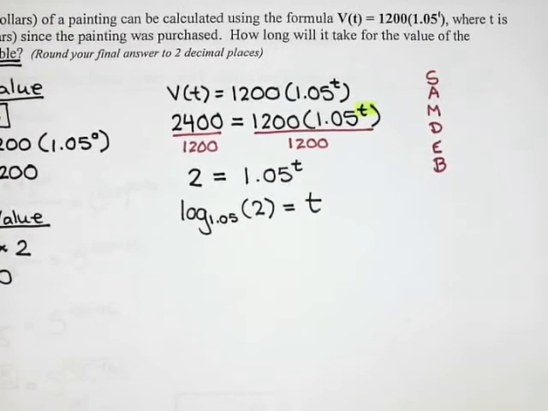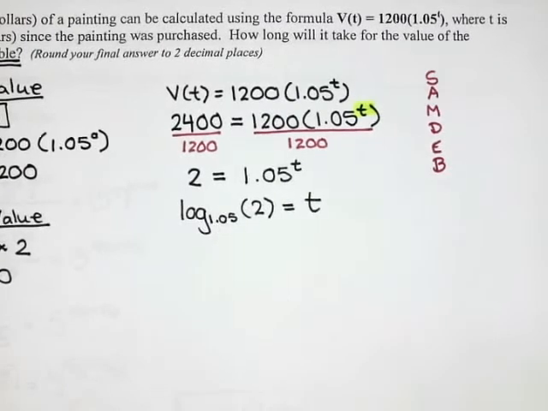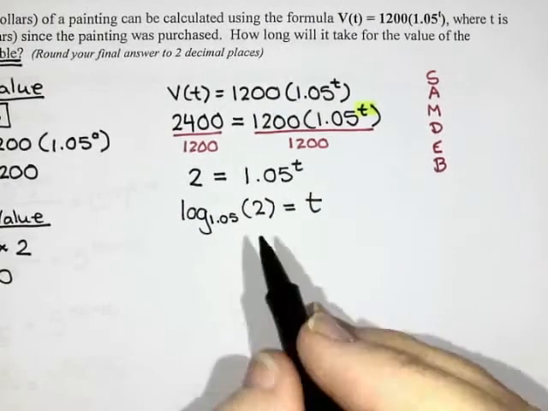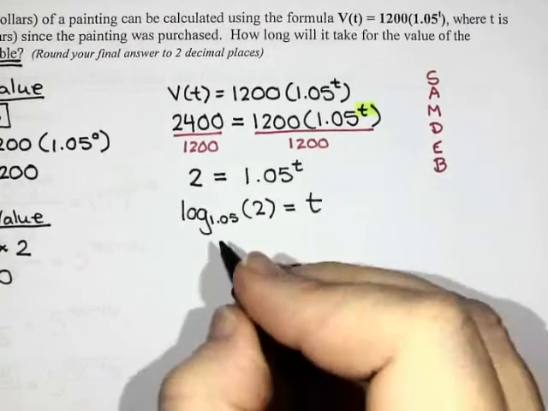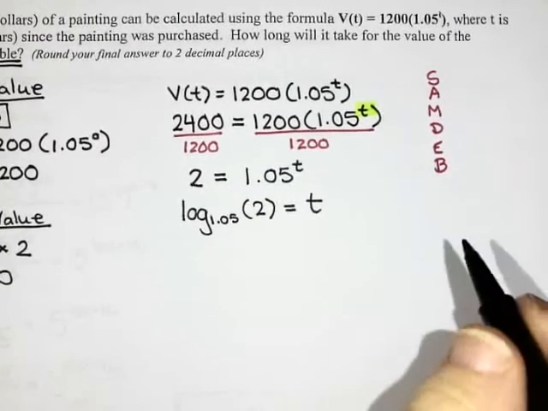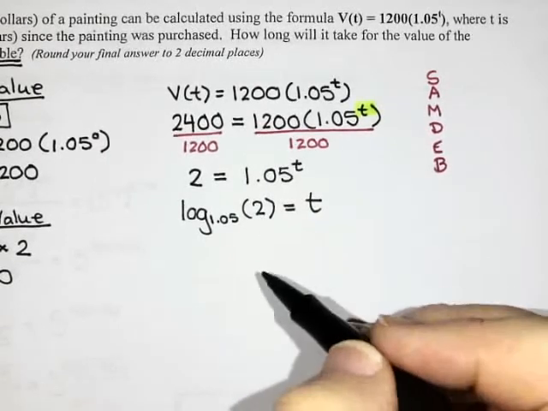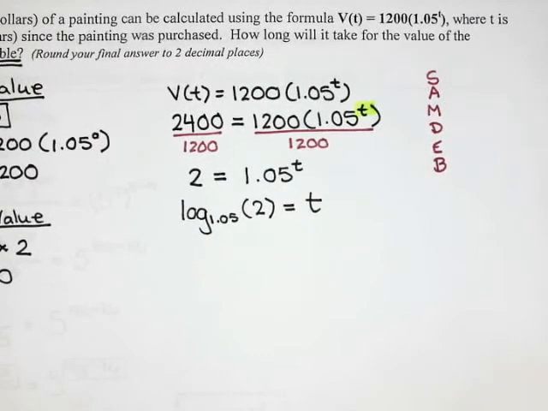So my calculator cannot do log with a base of 1.05. So what I have to do to evaluate this is use the change of base formula. So that's where you do either ln or log, because that's what every calculator knows how to do.